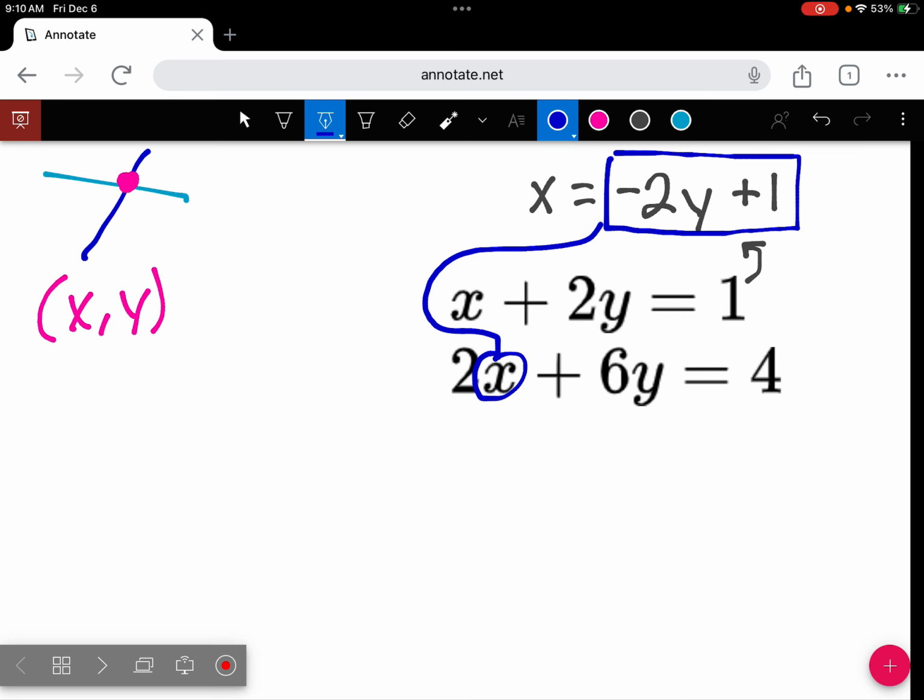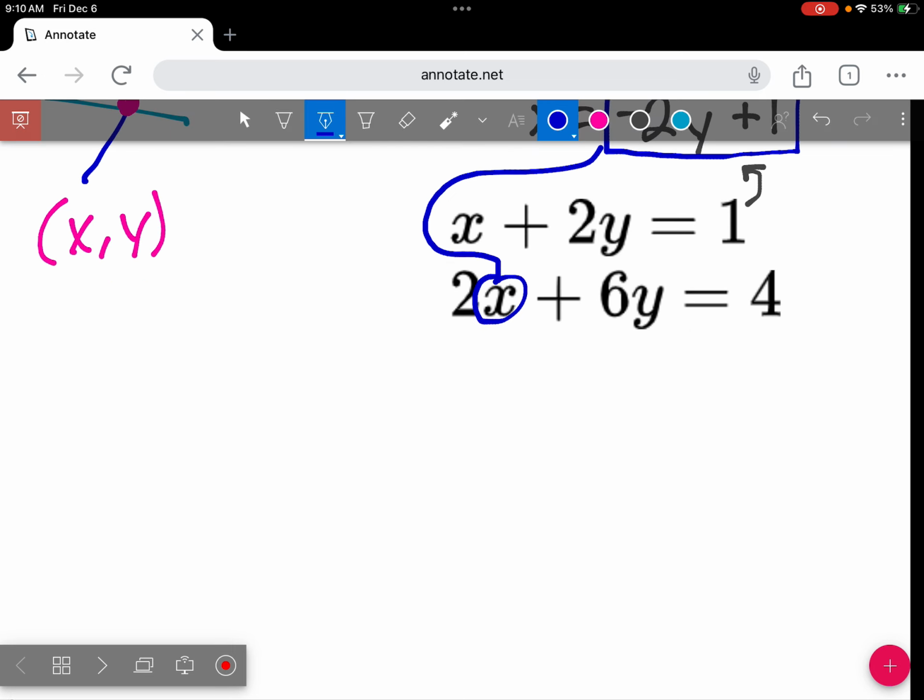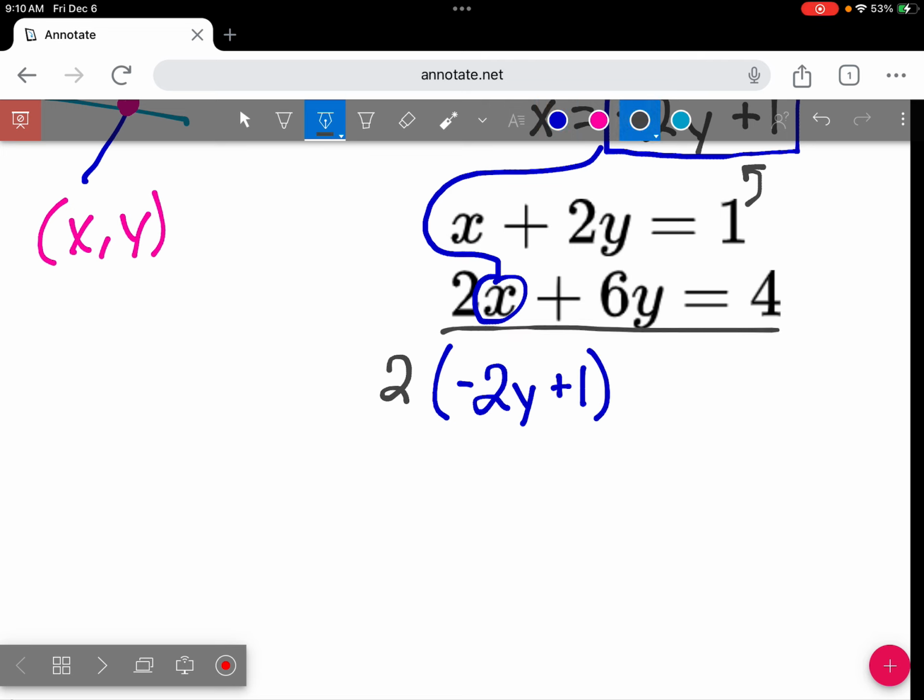You could 100% do this with elimination, but you do not have to. So let's set this up. We're going to take our 2 times our replacement of x, which is negative 2y plus 1. And then we're finishing out this equation here with our plus 6y equals 4.